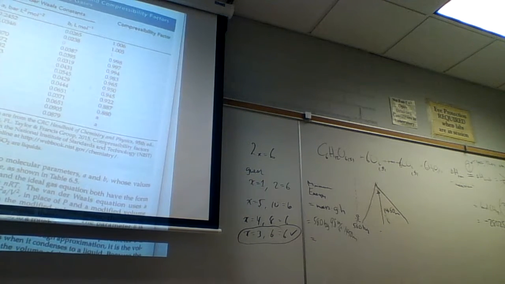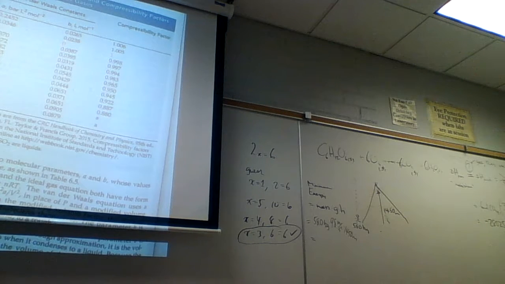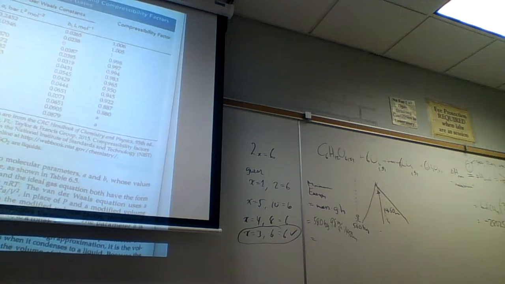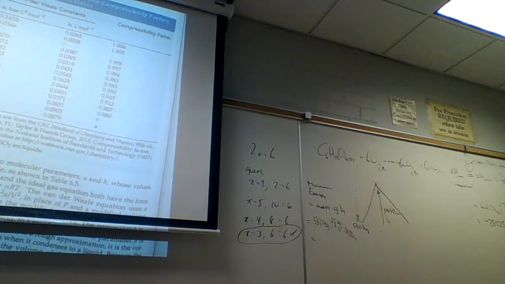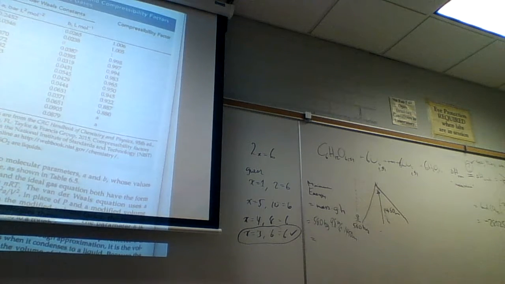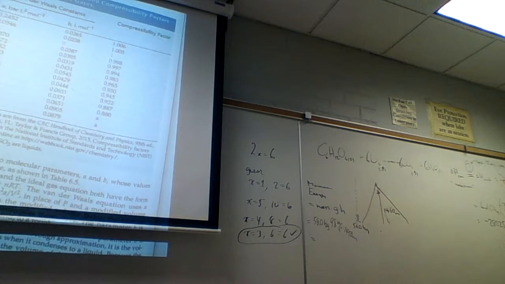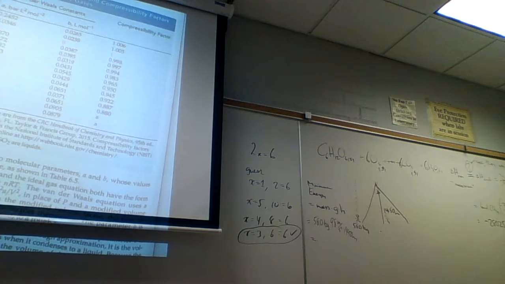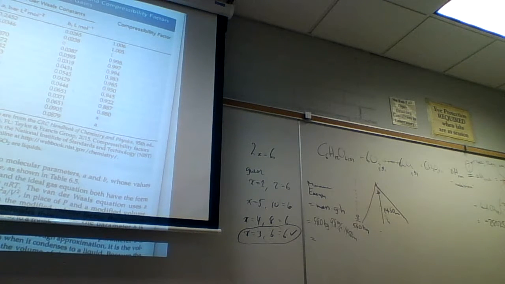Where's O2? Well, CO2 is about 4. O2 is about 1. And so O2 is kind of getting close to ideal, right? But CO2 is kind of deviating farther from ideal. And that's going to impact pressure.